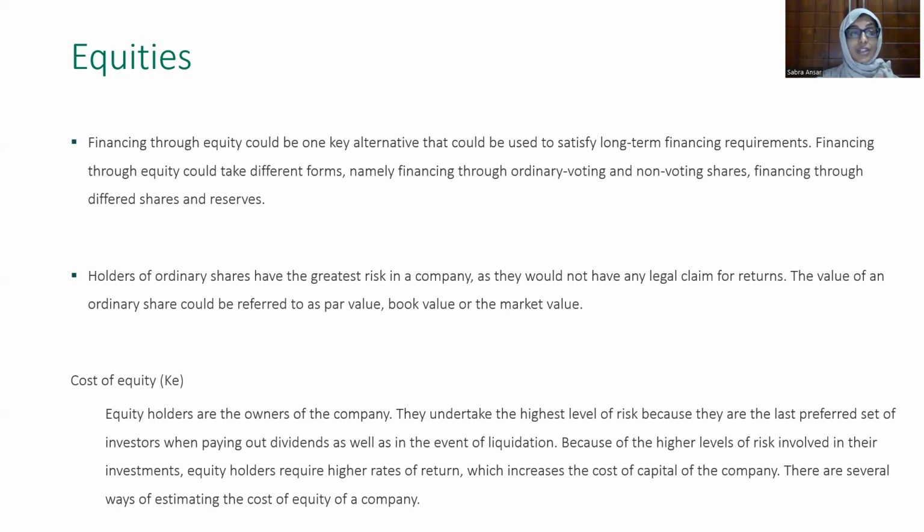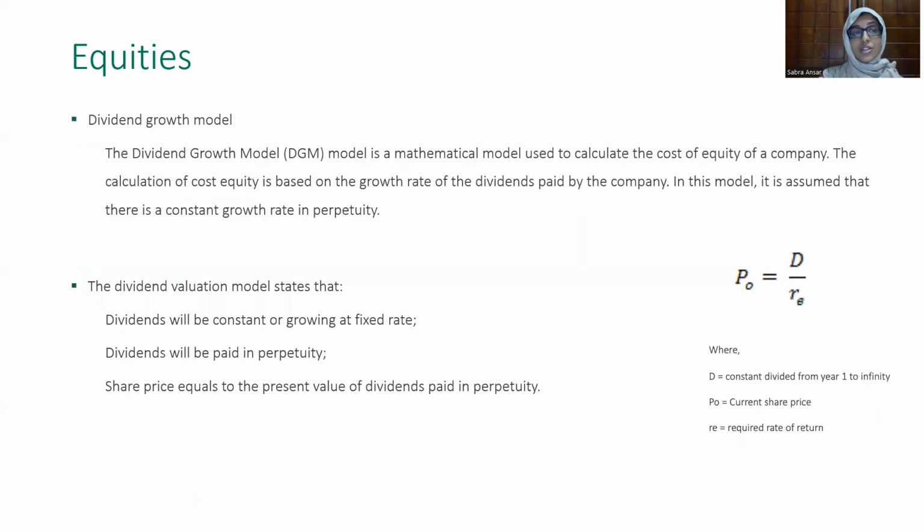They are the last preferred set of investors when paying out dividends, as well as during liquidation. Because of the high level of risk involved, they generally require a high rate of return, and therefore it increases the cost of capital of the company. There are a lot of ways used to estimate the cost of equity because it is quite high. There are two main methods that are used. One is called the dividend growth model, which we'll be talking about.